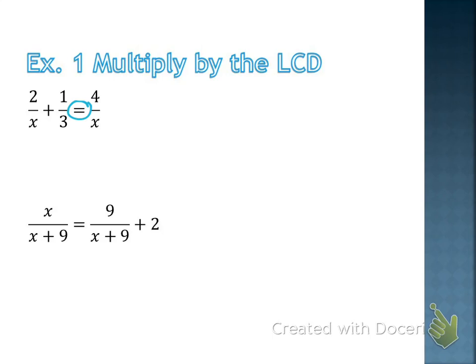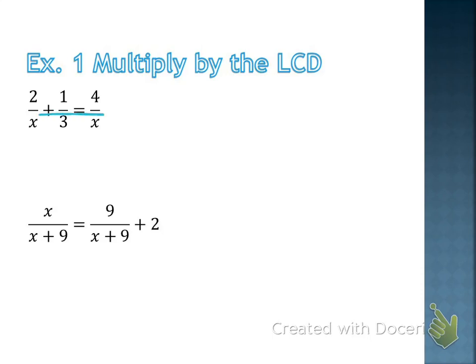So our mission is going to be finding out what number represents x. In order to do that, before I can do anything, what do fractions have to have in order to be added or subtracted? Common denominators. So before I can do anything, I've got to get a common denominator.